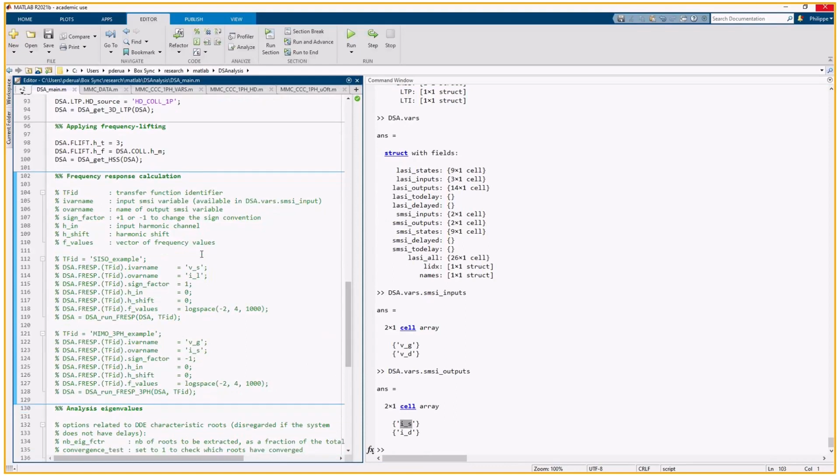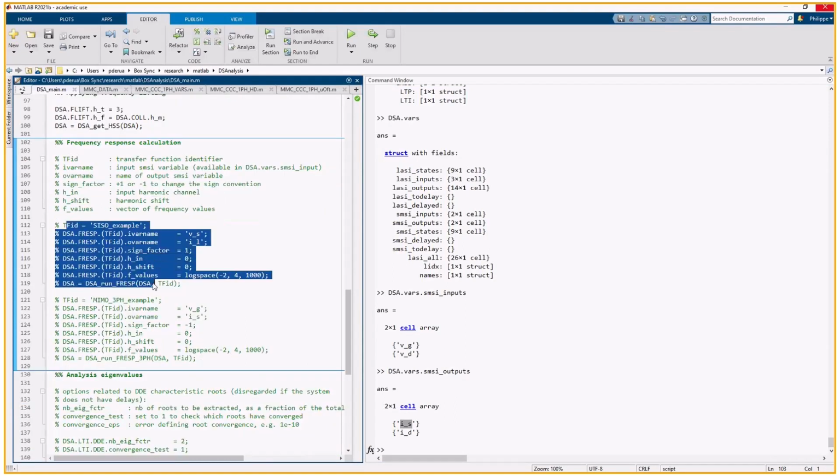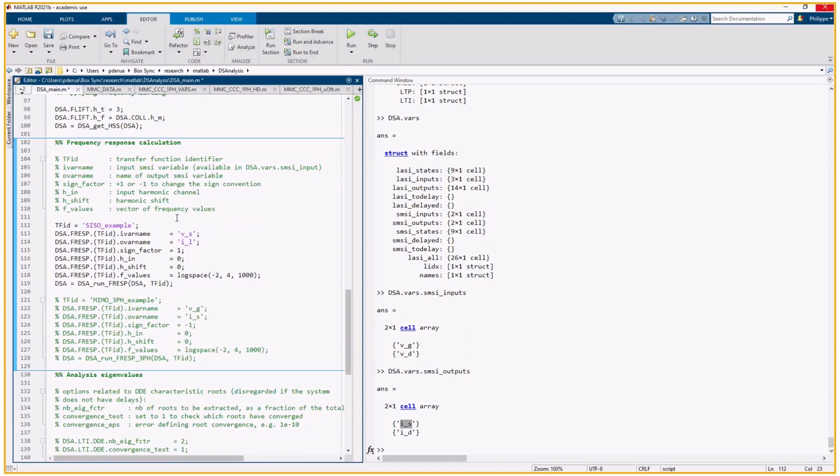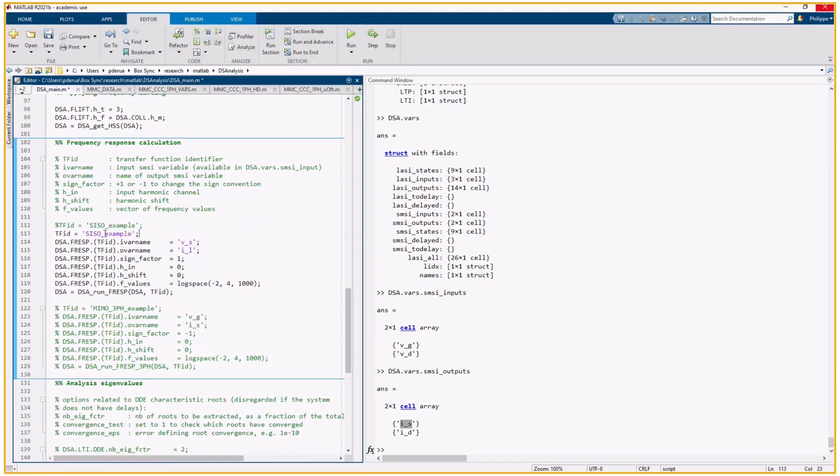It always starts with an identifier. So here it is an example. I will comment it for later, but I will give a new name for now. This is a single input, single output example, AC side. A variable name is for the inputs, so I would like to start from this alternating voltage.